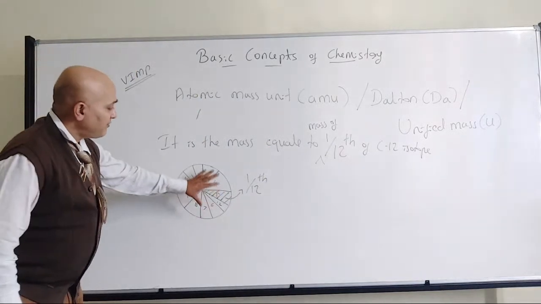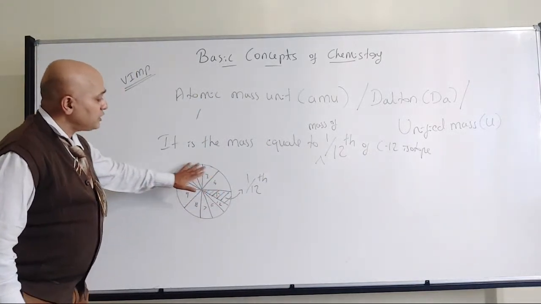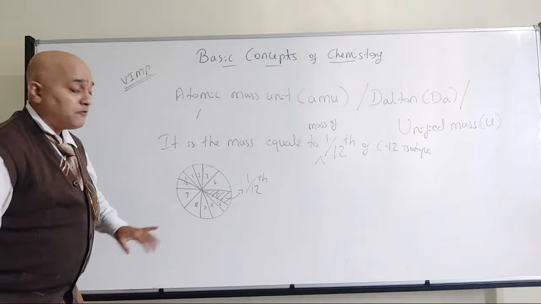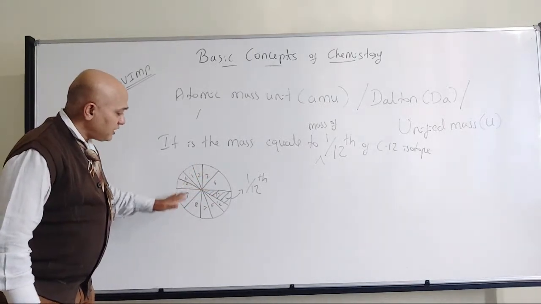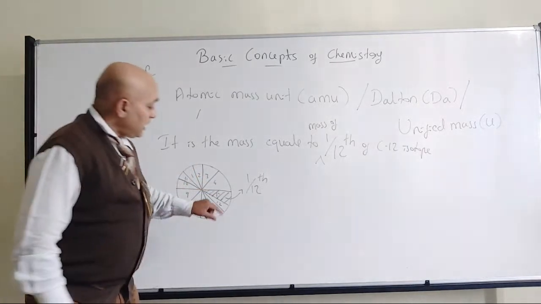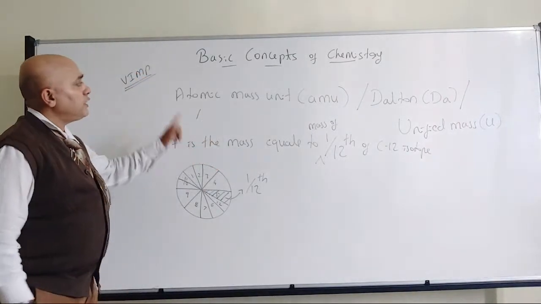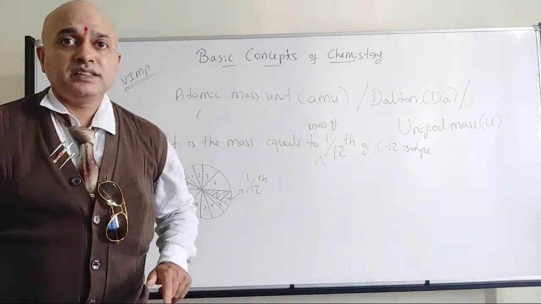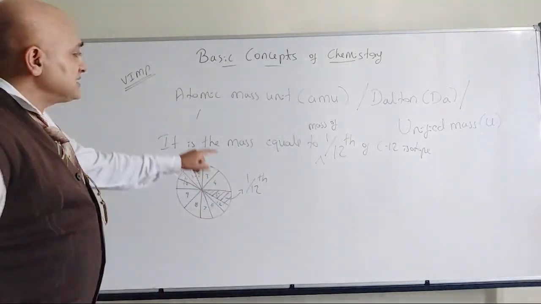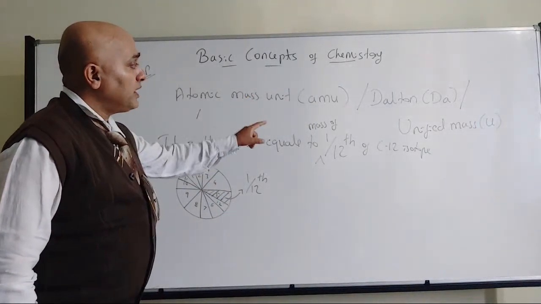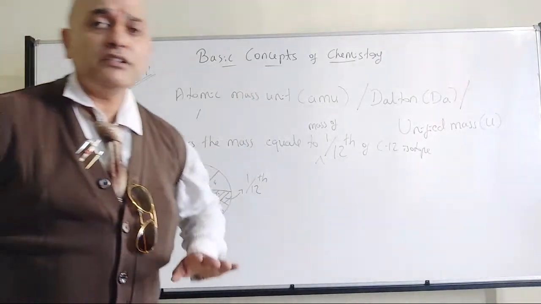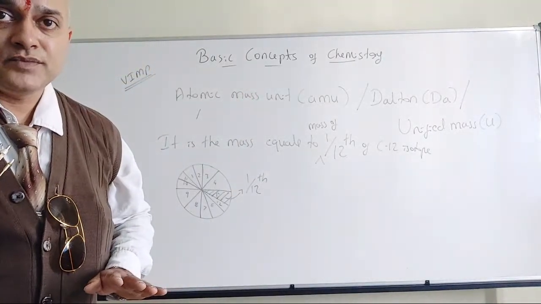That means if I consider this as a carbon 12 isotope which has been divided into 12 equal parts, then any one part, what is that mass? That is nothing but the atomic mass unit. So what is atomic mass unit? It is the mass equal to 1 by 12 of the carbon 12 isotope mass.